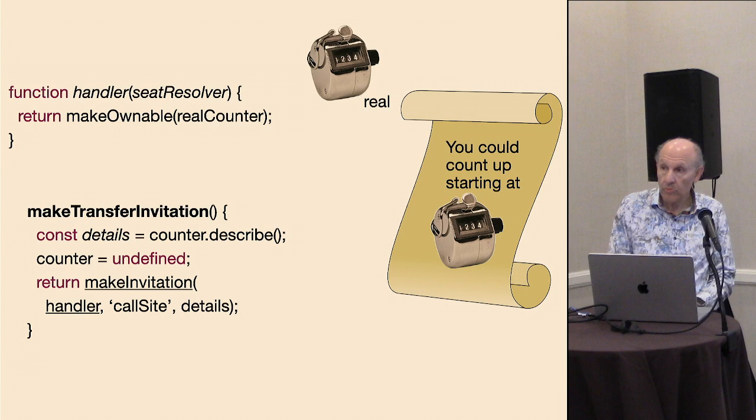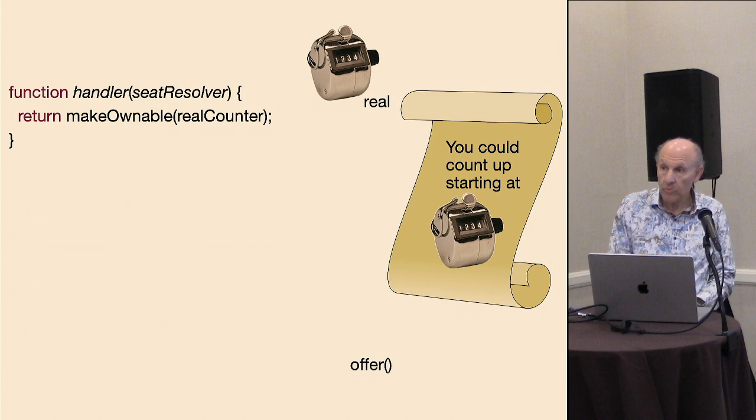The handler in question that we included in the invitation is just a piece of code that will make a new ownable counter referring to the same original real counter. And the offer operation is the means by which an invitation is redeemed to participate in a smart contract to get the seat, and in this case also to get a new real counter.